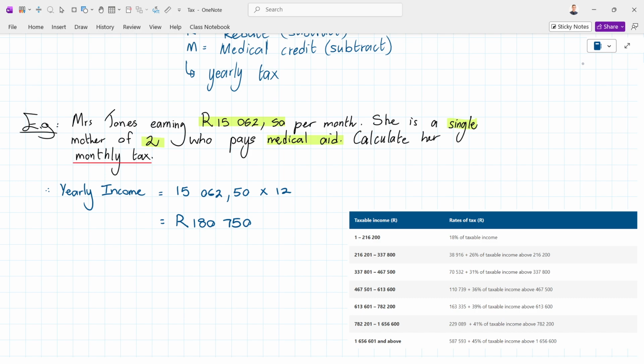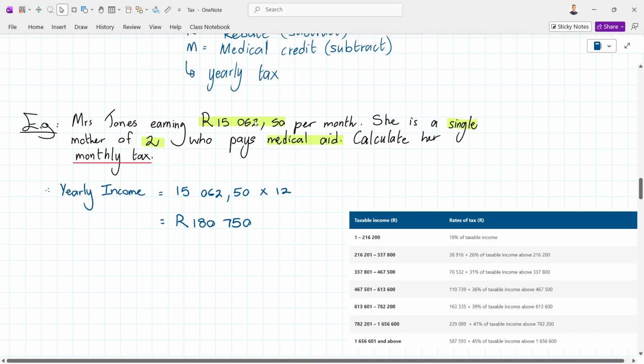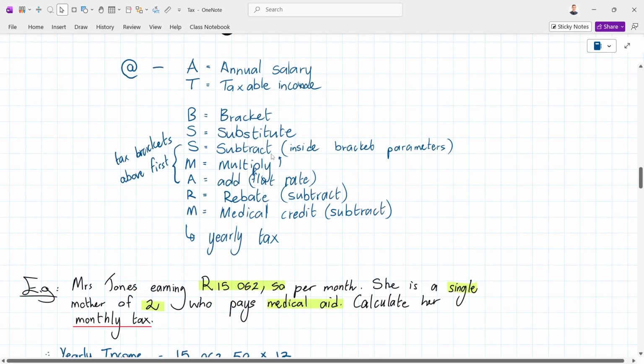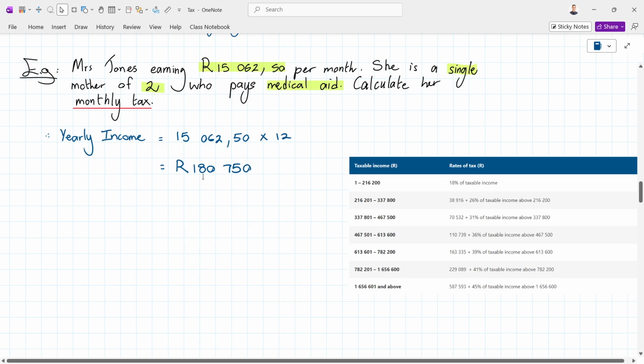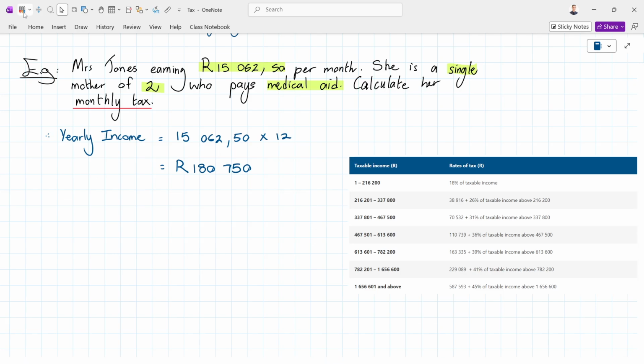Okay. Again, they did not say anything about UIF or anything, so that is also going to be her taxable income. Make a note, Jeffy.